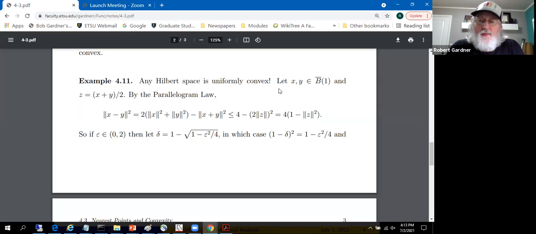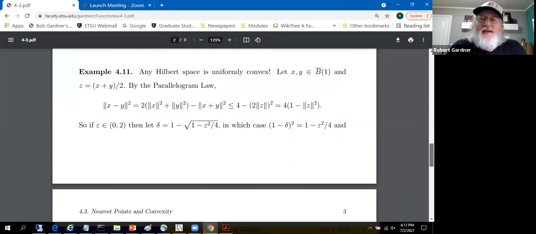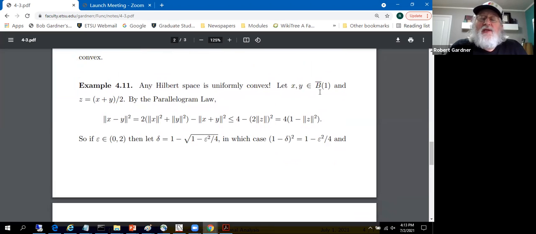We're trying to show uniform convexity, so we're trying to show this epsilon delta thing. Again, that's the definition of uniform convexity. So take x and y to be in the closed unit ball. These are vectors of norm less than or equal to 1. And let z be (x plus y) over 2.